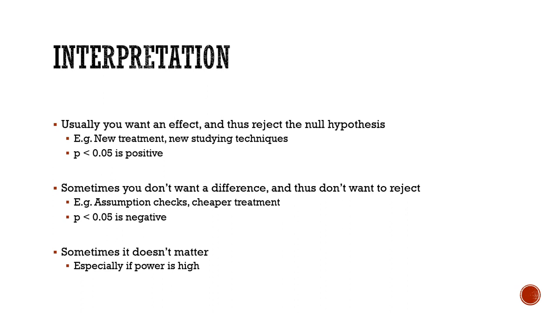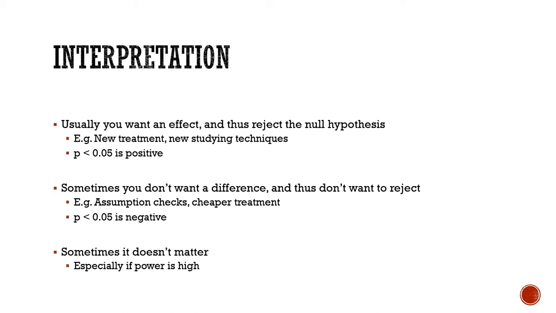So how do you interpret it? You now have a p-value, you have either rejected or not rejected the null hypothesis. So what does that say? Well, people sometimes make the mistake of thinking that a p of below 0.05, so a significant effect, is always positive, but it is not.